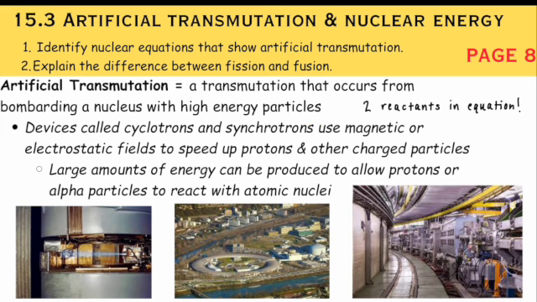Artificial transmutation reactions are used for many different reasons. A lot of times, cyclotrons or synchrotrons are used to speed up these charged particles super fast so that they have enough energy to bang into that nucleus and produce some new element. Scientists can use these different kinds of particle accelerators to create artificial elements, things like plutonium or oganesson.